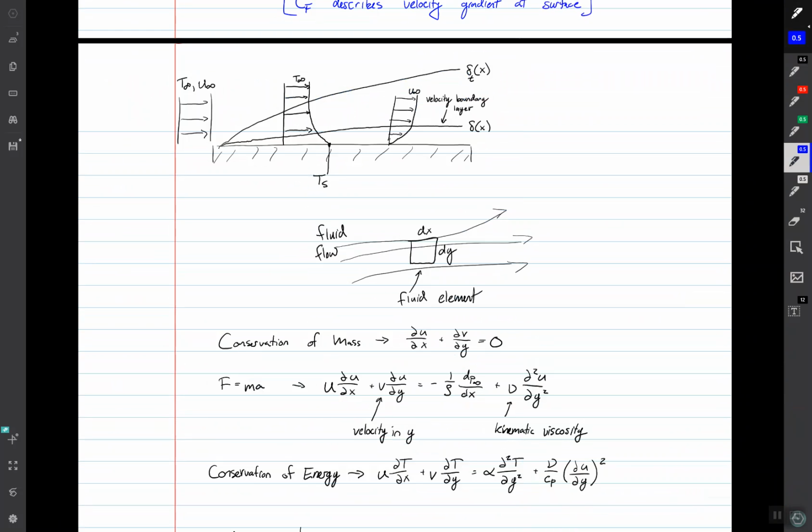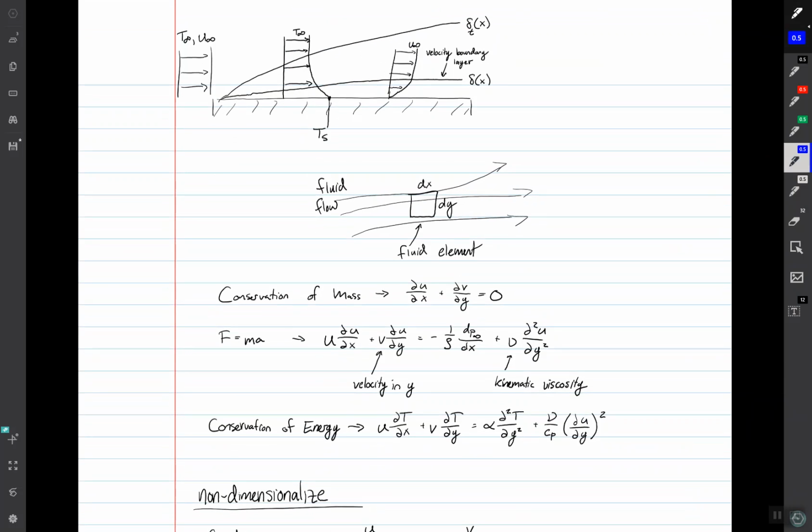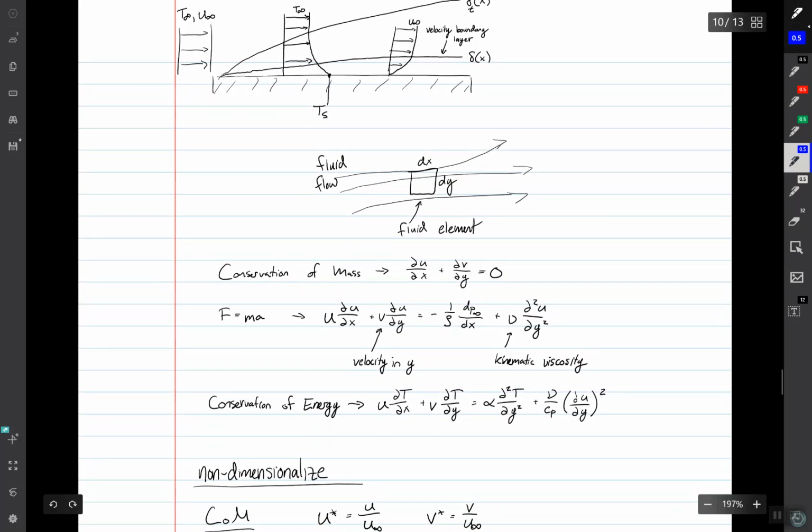Okay, so what's happening? If we look at the fluid flow, we could develop different ways of looking at our physical laws, conservation of mass, F equals ma, and conservation of energy, by a control volume analysis.